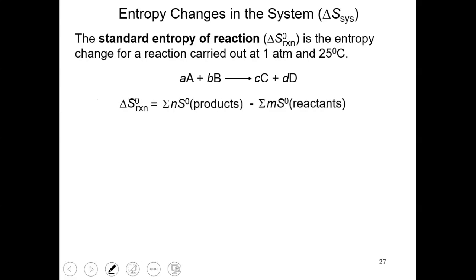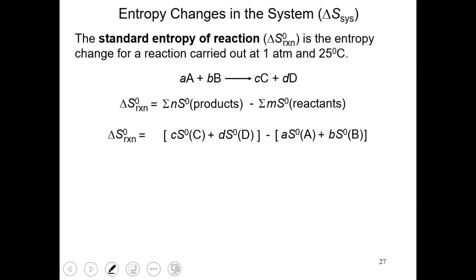Well, essentially, delta S is final minus initial. We're in a chemical reaction. Remember, final is products, initial is reactants. So we're going to have the total entropies of products minus the entropies of reactants. Since the standard entropy is given for 1 mole, we're going to have to multiply times the stoichiometric coefficients in order to get the actual formula here.